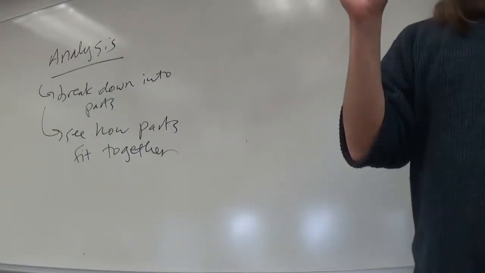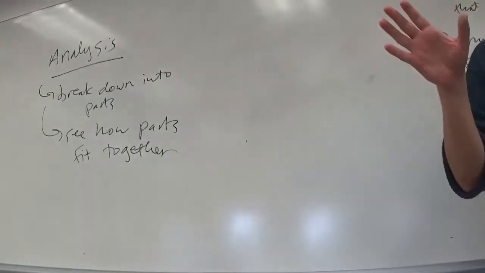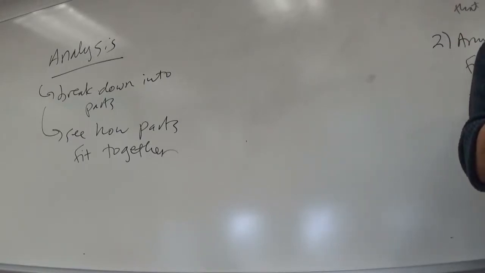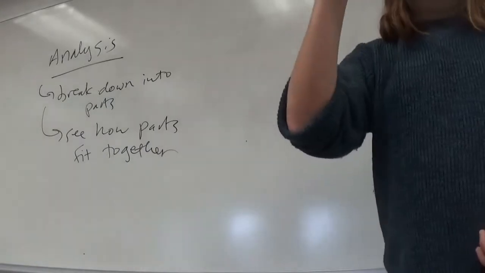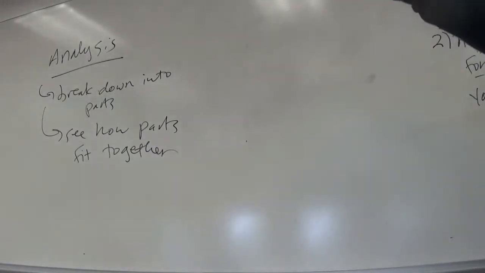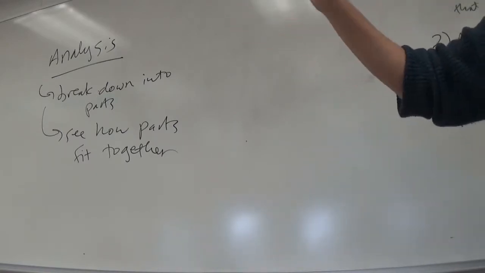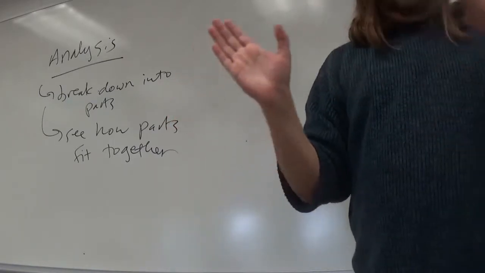So I want to start by doing a quick observation exercise. I want you to look around the room and tell me everything that you notice around this room. Focus on specific objects within the room, and not on things that you brought to the room or that I brought to the room.